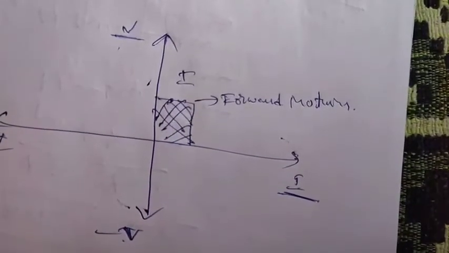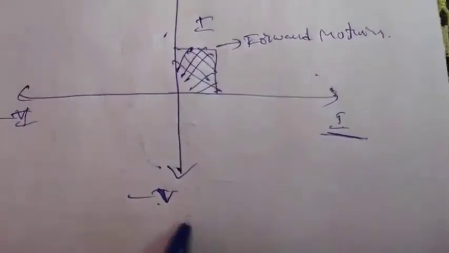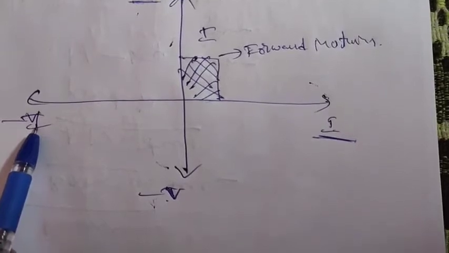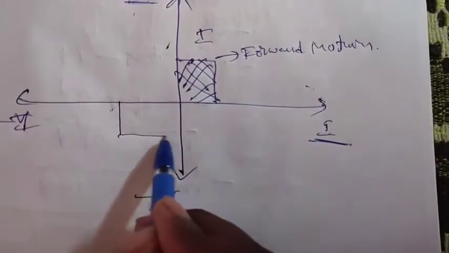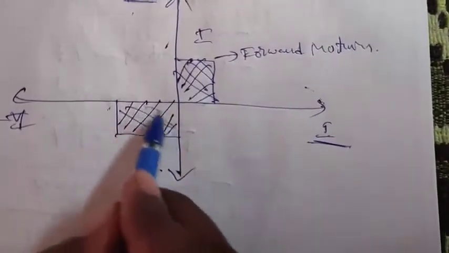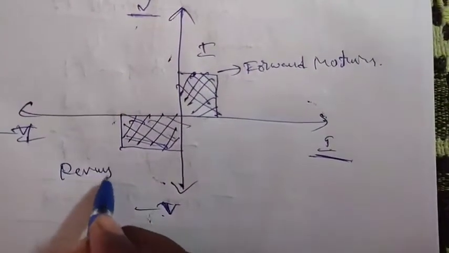If it is the same but opposite action, that is, if you get negative voltage and a negative current, this is reverse motoring.